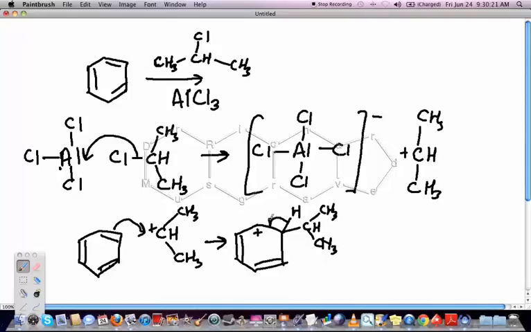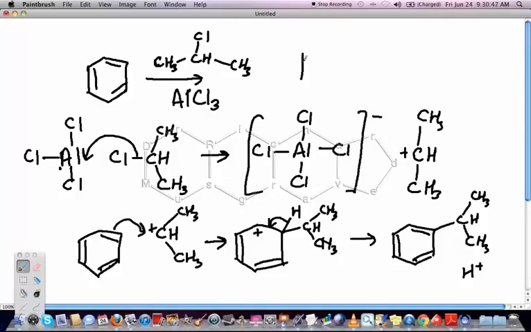And then we can lose H+ and reform the aromatic system. So this reaction gives just this single product, and this is this one here, and no other alkyl benzene products are formed.